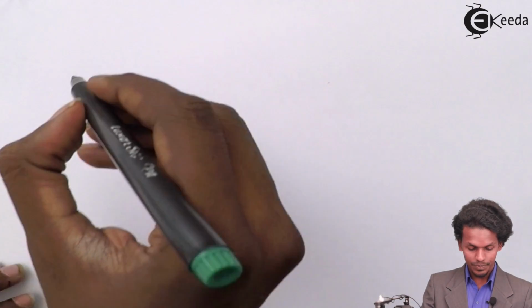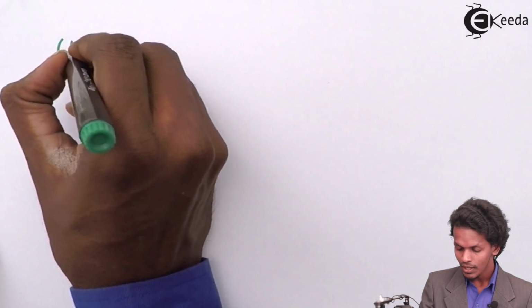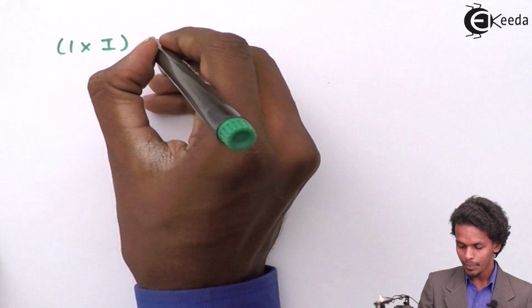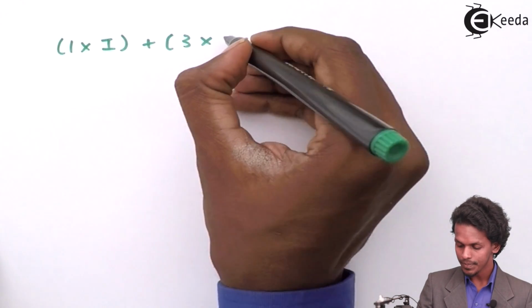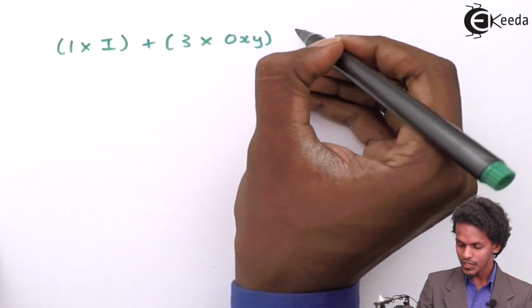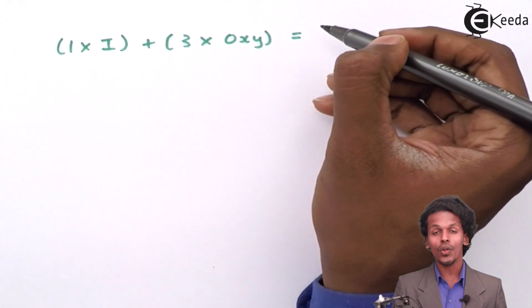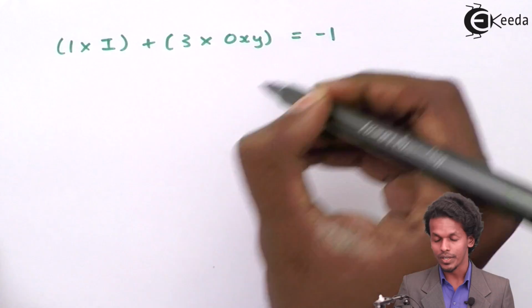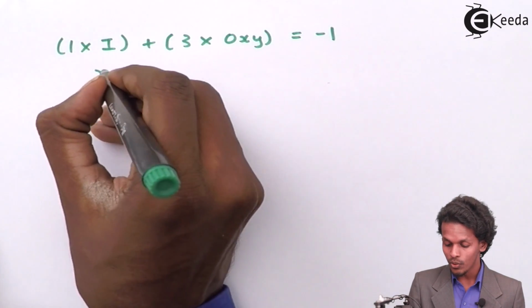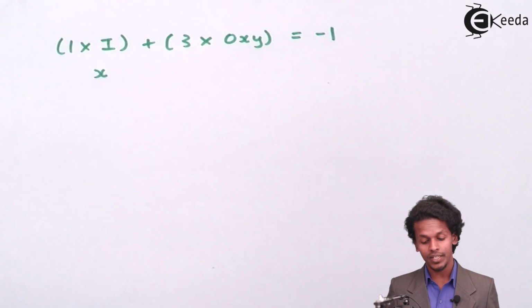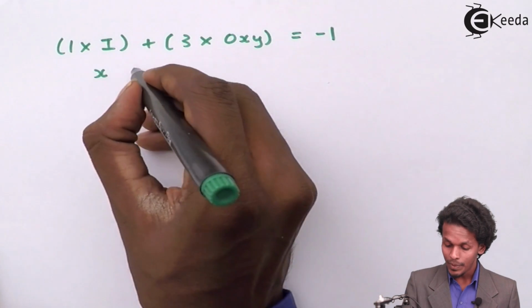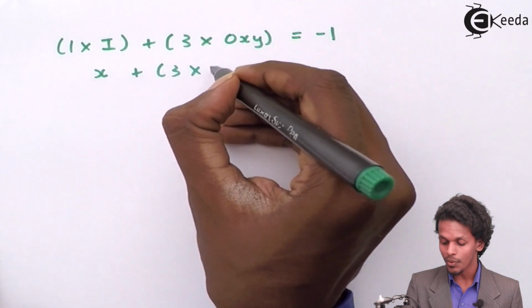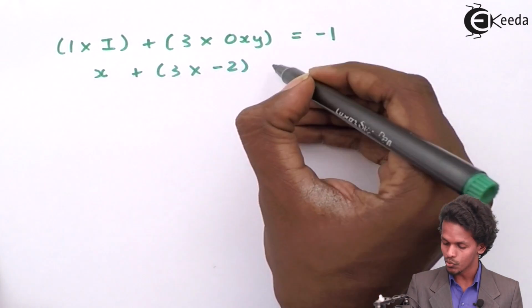I could calculate it this way: 1 into the iodine atom plus 3 into the oxygen atom, which would give an overall charge of the molecule IO3 as -1. Since I don't know the oxidation number of iodine, I have taken it as X, plus 3 into the oxidation number of oxygen, which is always -2.